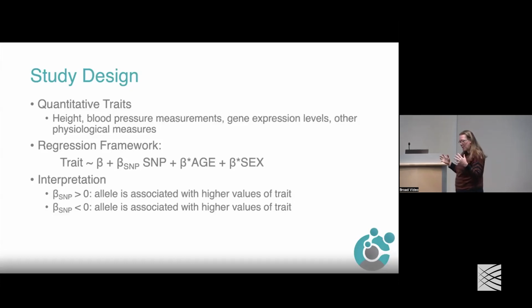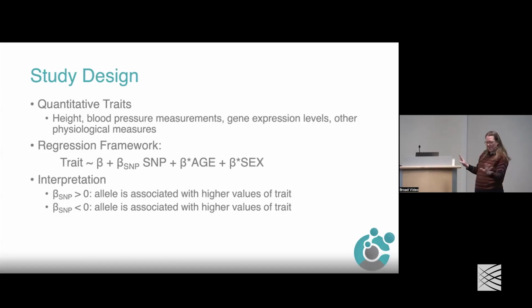We would not expect the regression estimate to be non-zero if there is no association. So under the null hypothesis, which is a statistical term for no effect, the estimates of those variants would be zero.